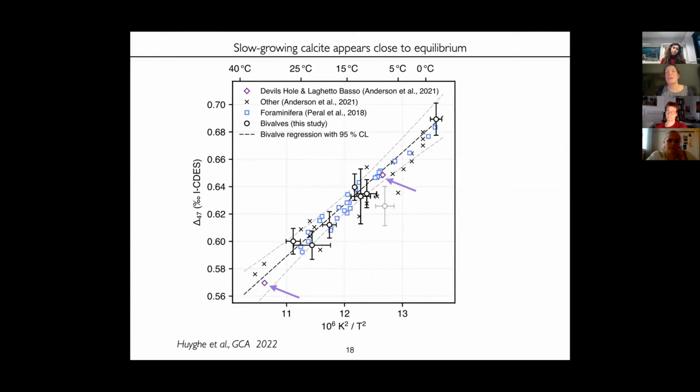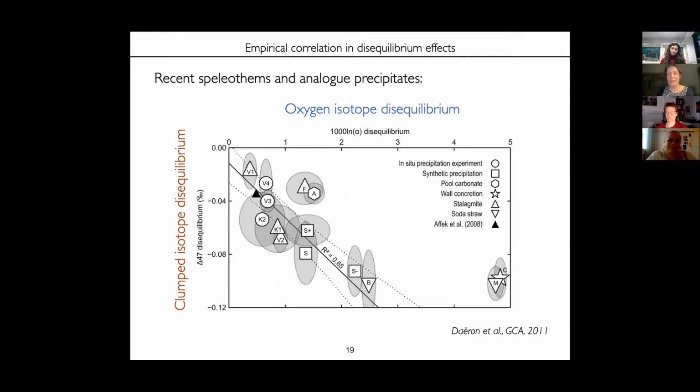It was a study on bivalves, so a very different type of carbonates, but they show that the two speleothem samples from very slow growing immersed speleothems, so Devil's Hole and Laghetto Basso, they fit perfectly with the line that goes through all the biogenic carbonates, forams and bivalves and other materials. So we do have in those special occasions speleothems that do precipitate in equilibrium. But those are special situations, unfortunately.